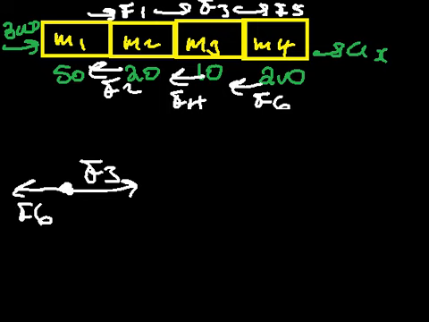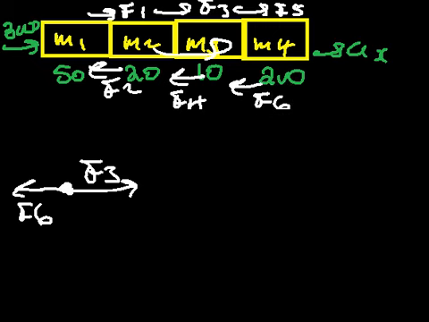So take note of that, because F3 is acting on mass 3 in this direction, and F6 is acting against the direction of the motion, which is given as this. So take note of that.